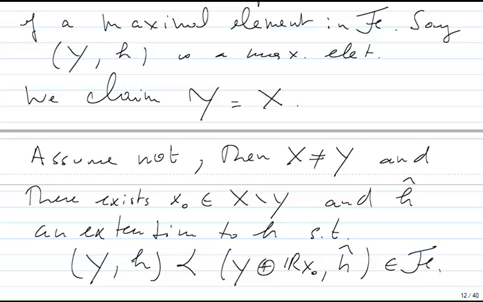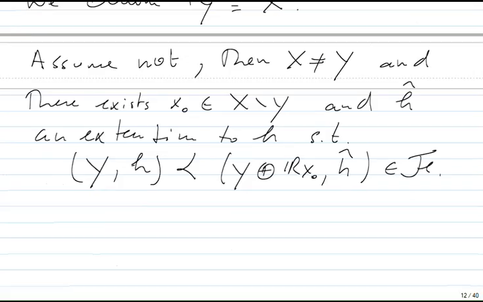So you see here what we found from the beginning, the earlier part of the proof, that we are able to extend this linear function h on y to the one-dimensional space y plus r of x0.